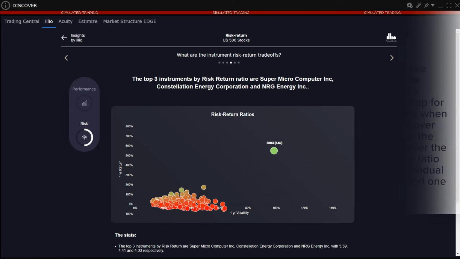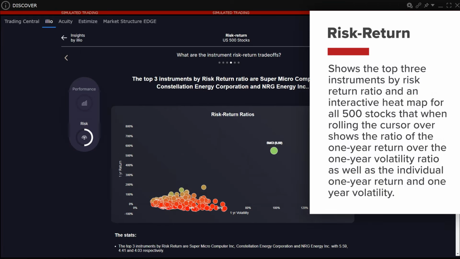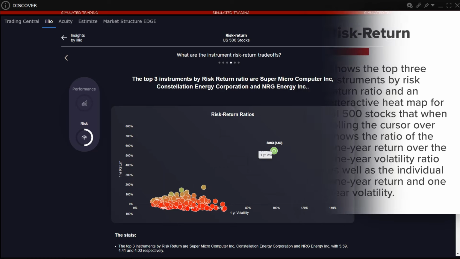The risk return page shows the top 3 instruments by risk return ratio and an interactive heat map for all 500 stocks that, when rolling the cursor over, shows the ratio of the 1-year return over the 1-year volatility ratio, as well as the individual 1-year return and 1-year volatility.